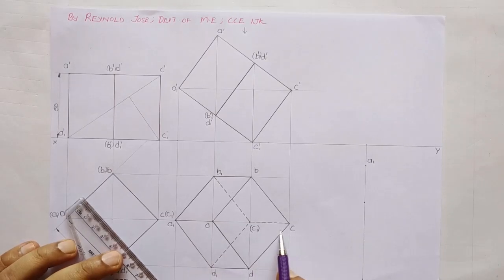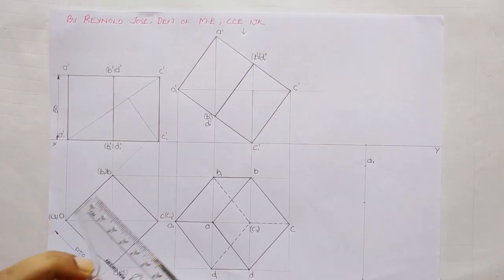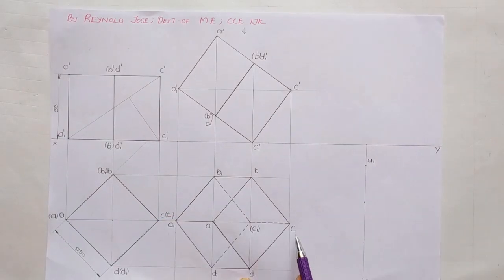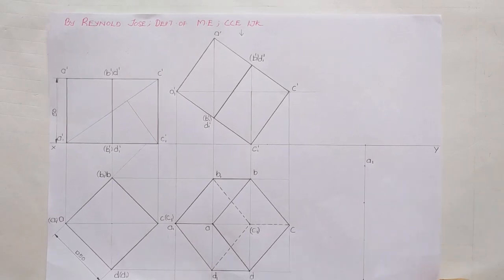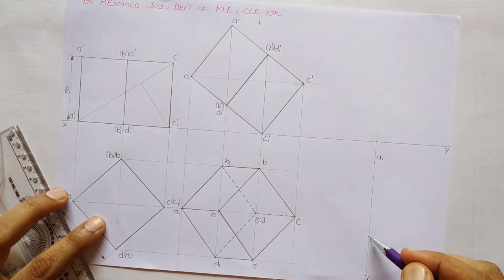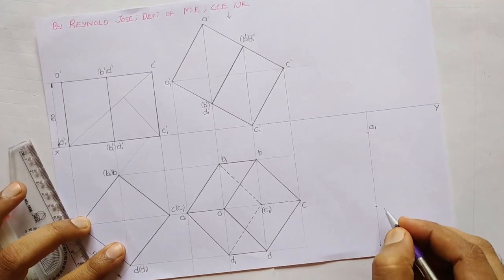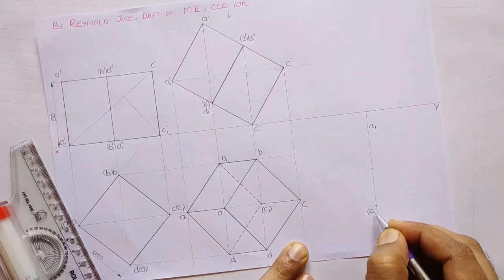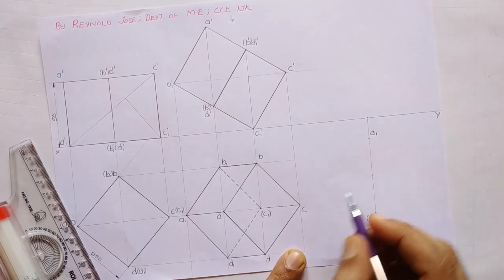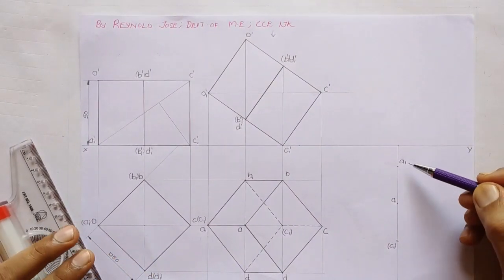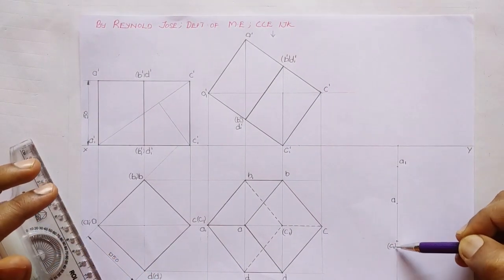A1A and C1C will have the same measurement. Anyhow, you measure C1C, then mark it along this perpendicular from point C. So this point will be point C1, which is invisible, and this point will be point A. So we have A1A and C1C.